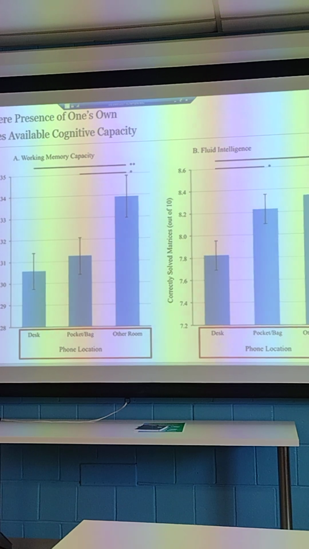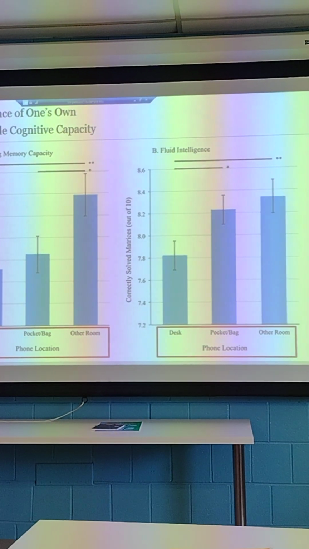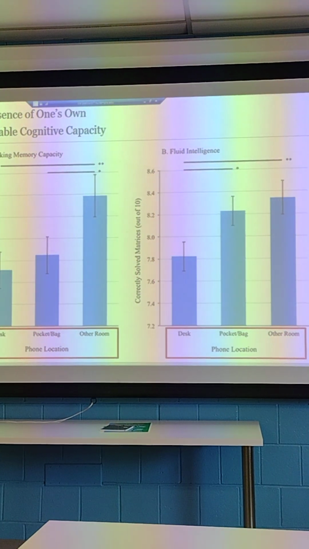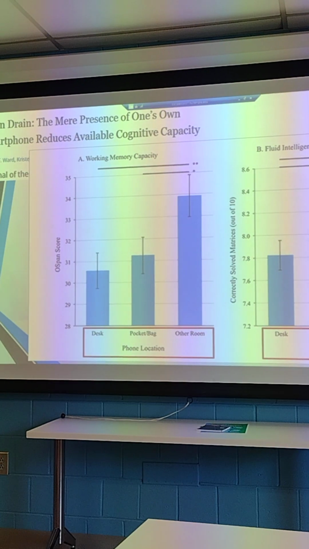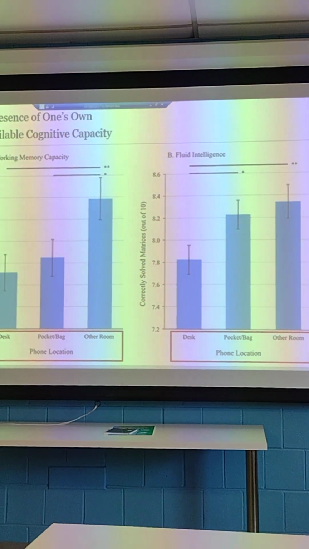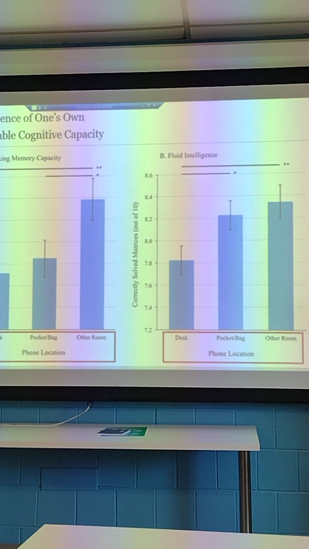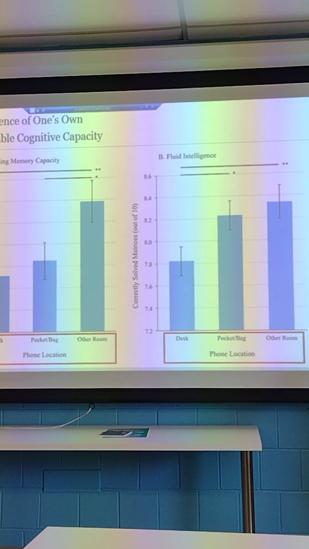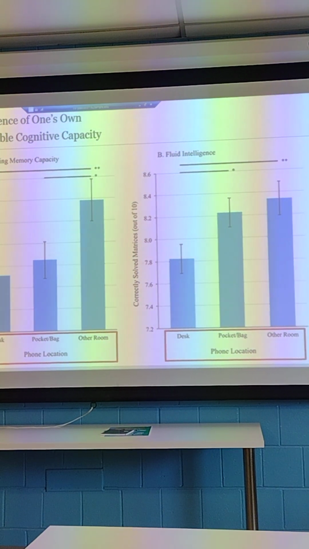Right? So this one shocked me. Just having your phone near you impacts your memory and cognition. Okay, your memory capacity, being able to complete a task, but more importantly, remember something. They did a study where they had people keep their phone on their desk, put their phone in another room, or put their phone in their pocket or bag.